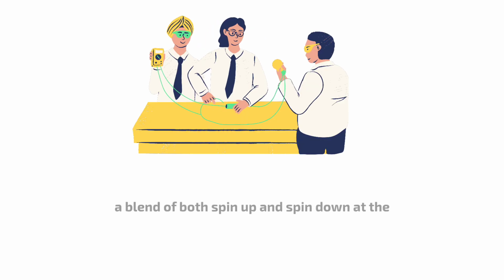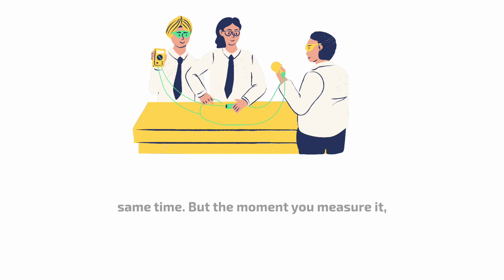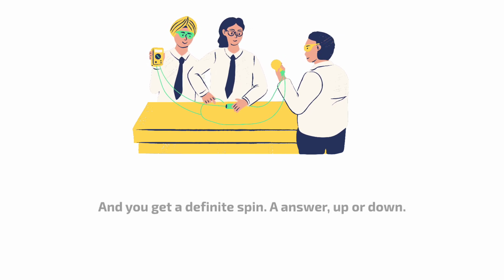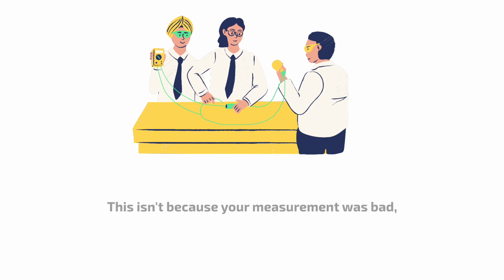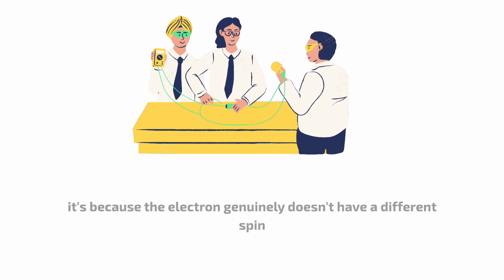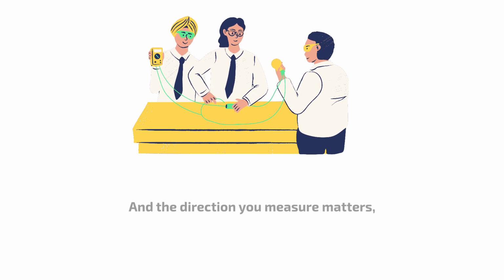A superposition, a blend of both spin up and spin down at the same time. But the moment you measure it, the superposition collapses and you get a definite answer, up or down. This isn't because your measurement was bad, it's because the electron genuinely doesn't have a definite spin direction until it's measured. And the direction you measure matters.